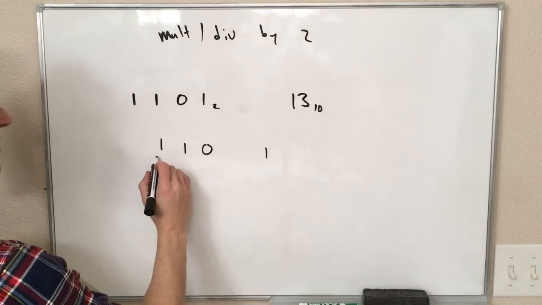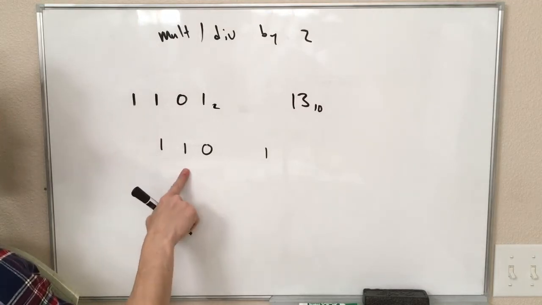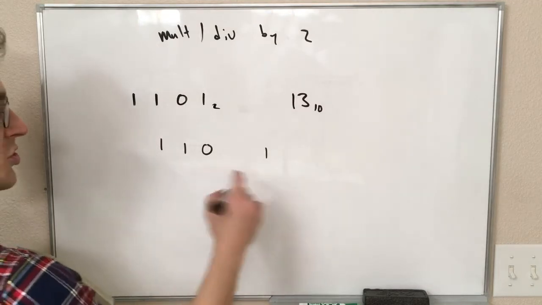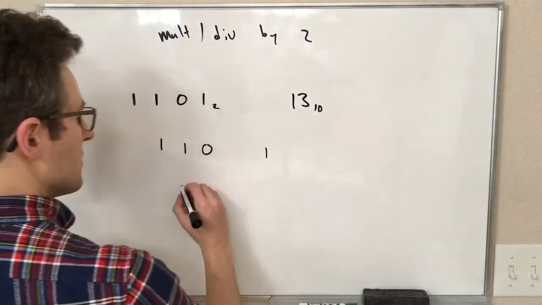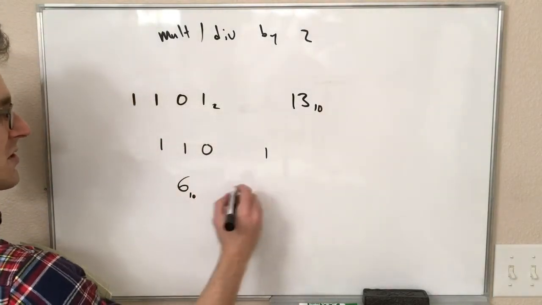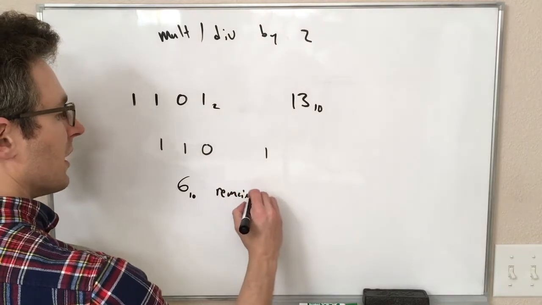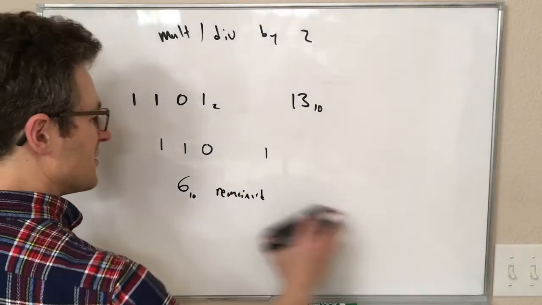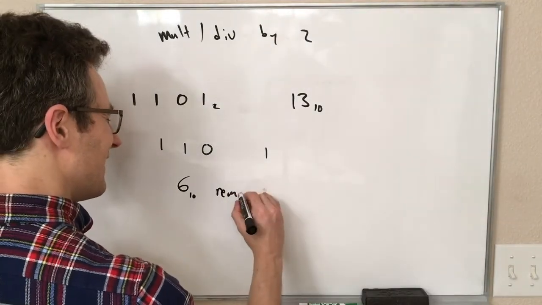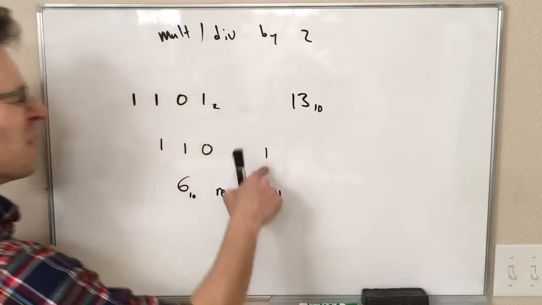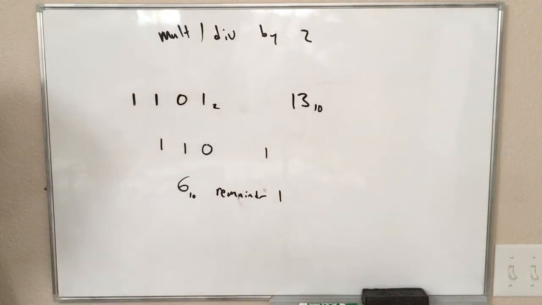So this then is 4 plus 2 plus 0, which is 6. So our result is 6 in base 10 with a remainder of 1, because that was the digit that got cut off. So anyway, we can do math stuff like that.